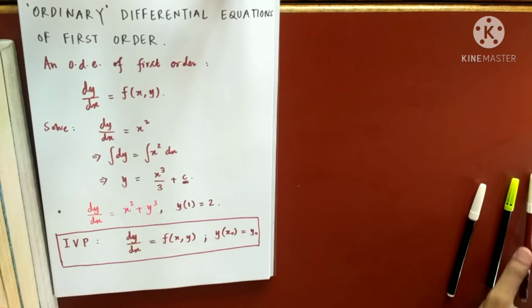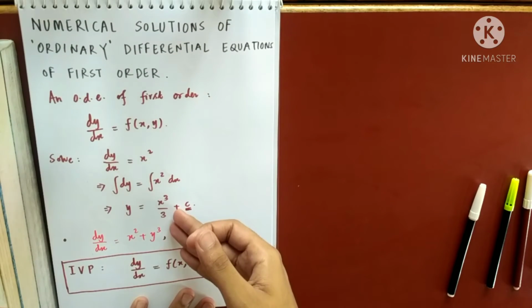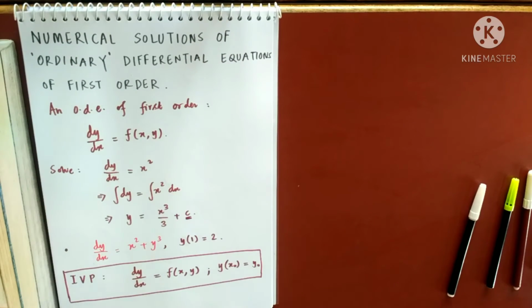But we will only talk about the numerical solutions. We will not go for this kind of solution, because here finding the solution is very easy. It is possible to solve it, but it is not possible to solve all the time. So keep that in mind. So we will go for numerical methods. So let's see what are the numerical methods available to us.